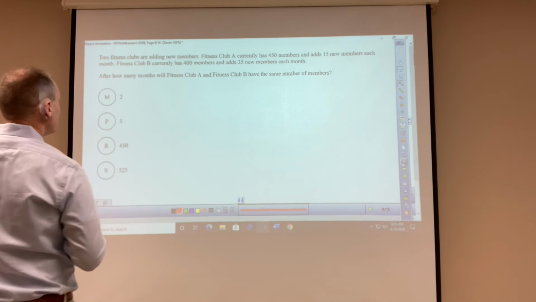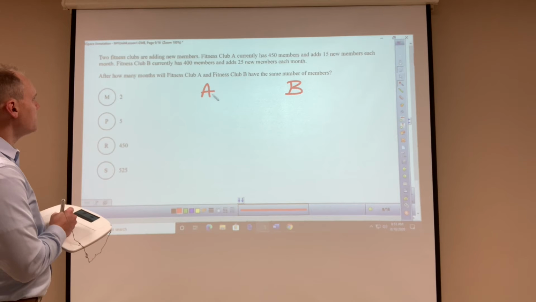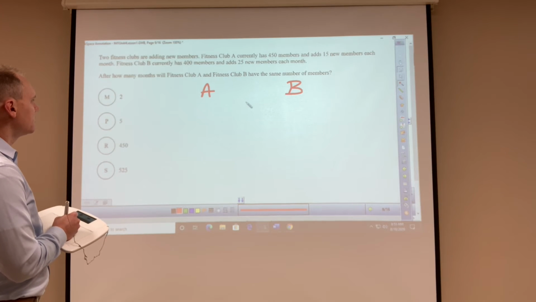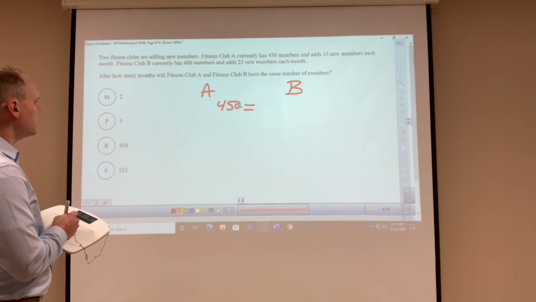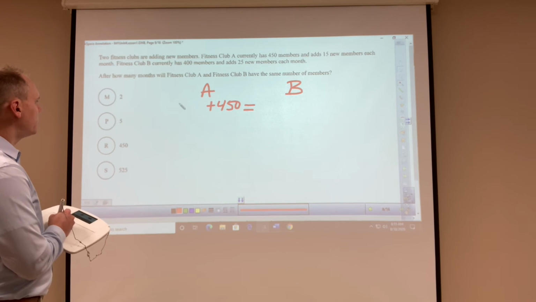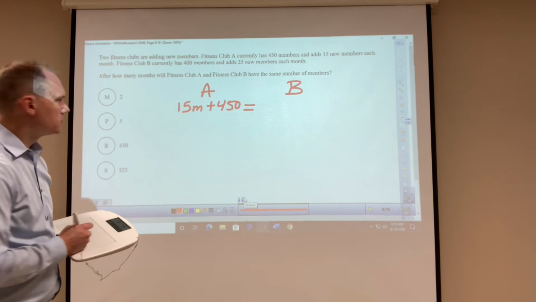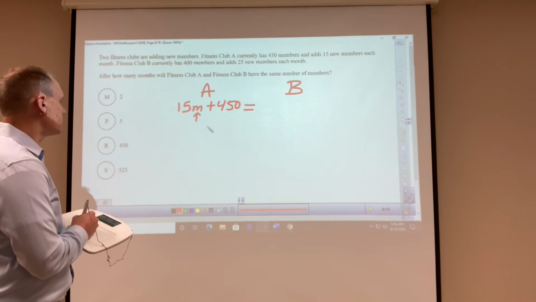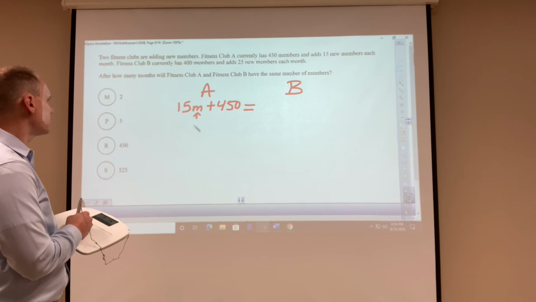If we look at A versus B, Club A has 450 members. That's like the starting value, or initial amount. And then for each additional month, we add 15 members. So maybe I'll put M for the number of months that have gone by.